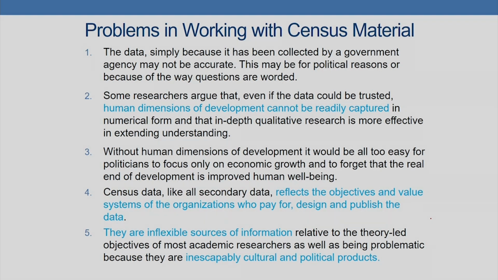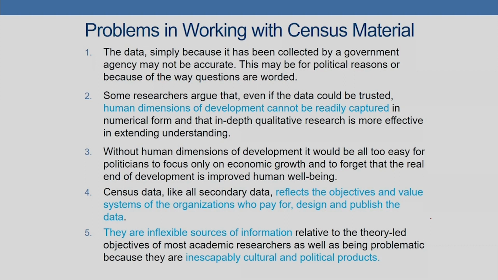Census is a huge exercise of counting the entire population of the country, and therefore there is a lot of reductionism as far as census data is concerned, because the data is reduced to numbers and there is no scope for collecting or processing qualitative information.